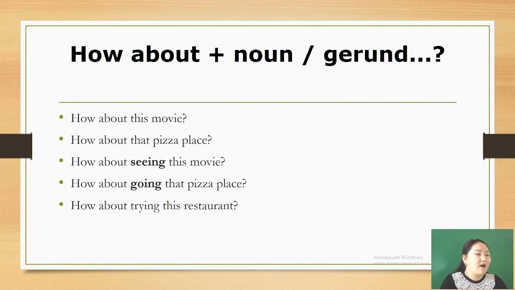How about seeing this movie? How about going to that pizza place? There you see how about, then a verb in the ing form, seeing, going. And also another example, how about trying this restaurant?